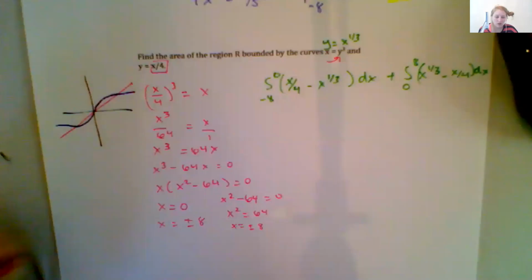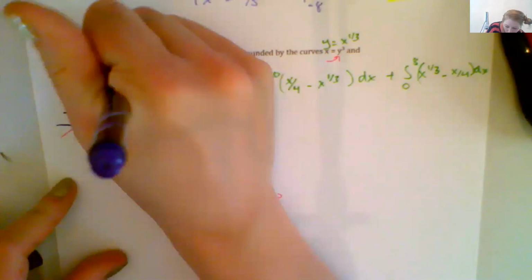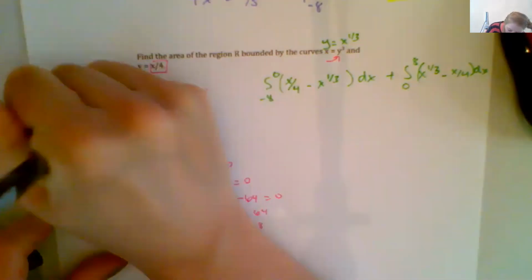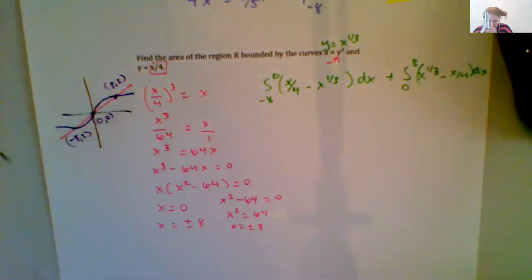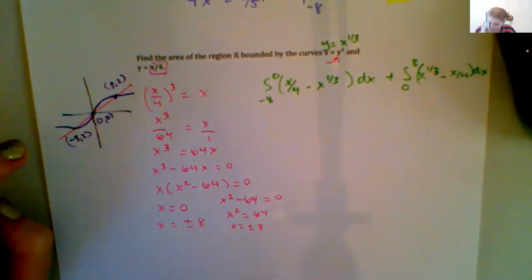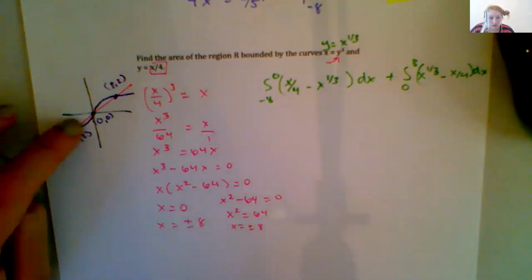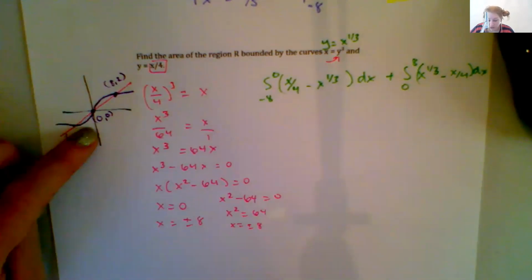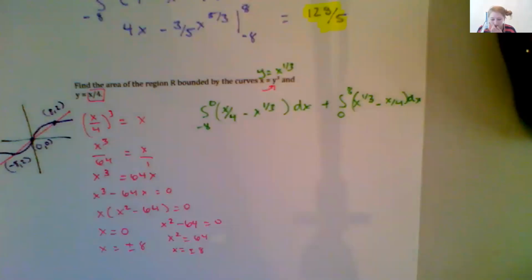Okay, so in essence, we have this point here, which is the (8, 2). This is (0, 0). And this is our (-8, -2). Okay, so the x over 4 function is on the top here, okay, and the x to the 1/3 is at the bottom, and then here the x to the 1/3 is at the top and the x over 4 is at the bottom. Okay, so that's why they essentially switch spots for these two pieces.